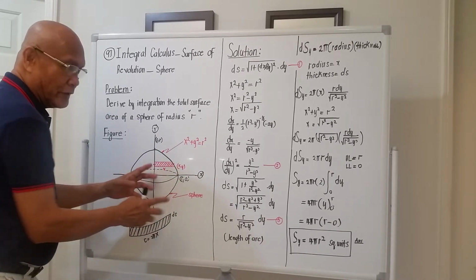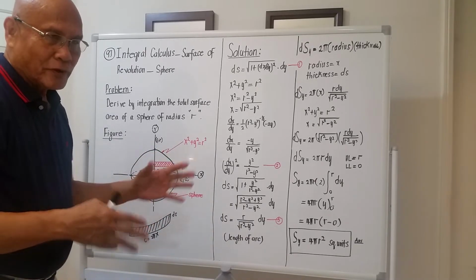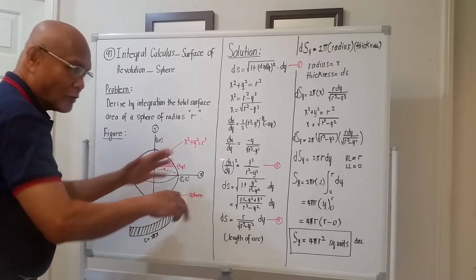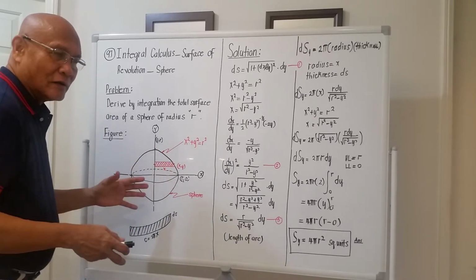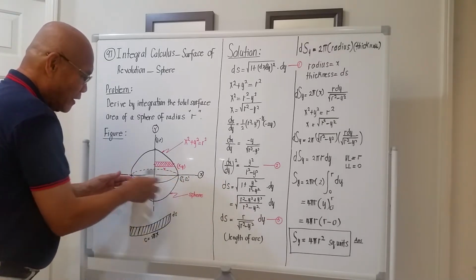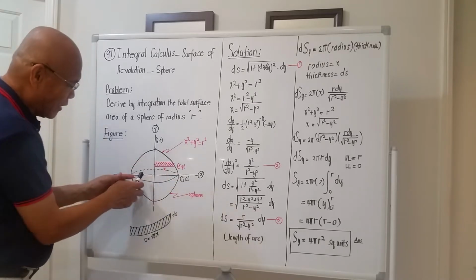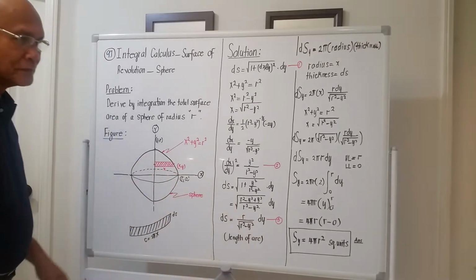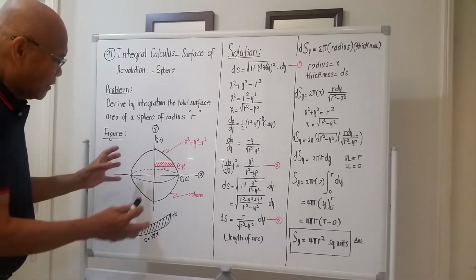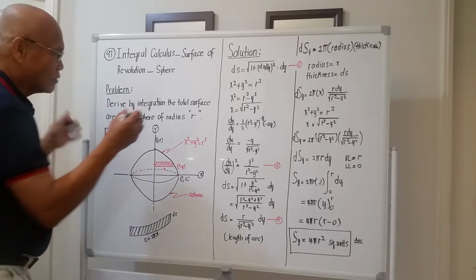Since this is a sphere, it got a skirt at the middle, like the equator of the earth. This is the equator. And there was actually a surface area also at the back, so I place it as a dotted line. The problem is asking if the radius is r, how much will be the total surface area?